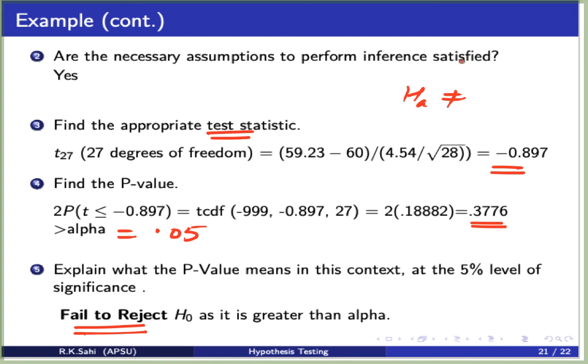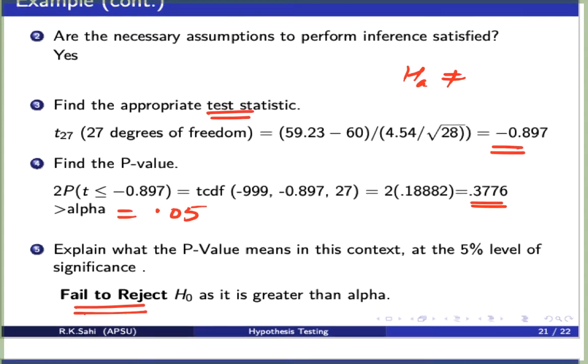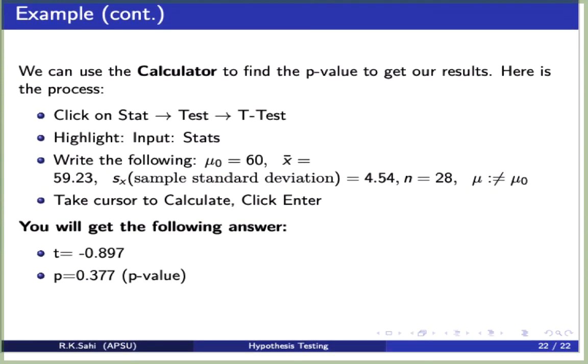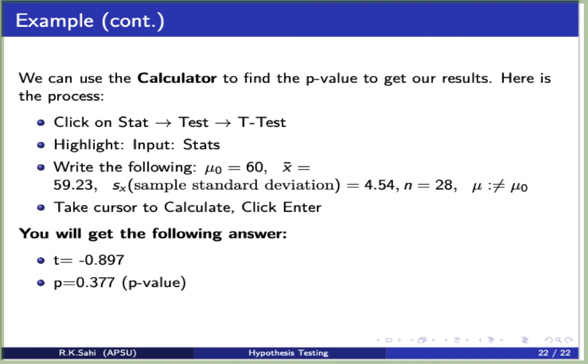Okay, now that's all doing by hand and doing these calculations. As I've always suggested to you guys, use your calculators. So when you're plugging in your calculators, stat, test, t-test, and then you plug in these numbers and make sure that you have the input stats on. Let me show you again with the help of a calculator.